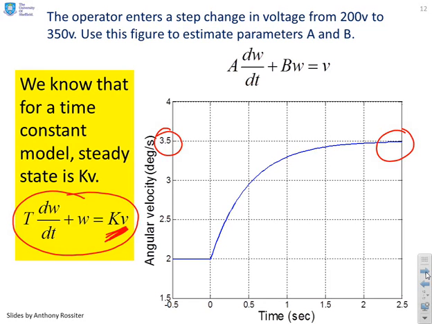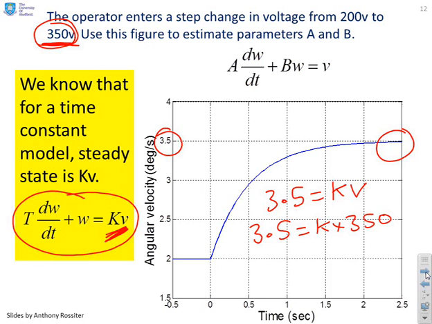So I can simply write 3.5 equals kv. But I know what v is. I'm told that the final voltage is here, it's 350. So I've got 3.5 equals k times 350, which tells me that k equals 0.01.